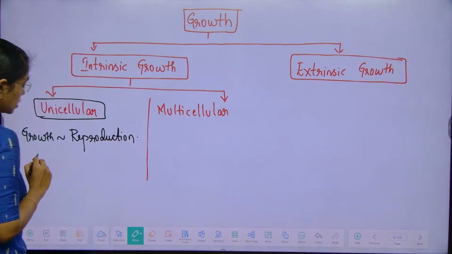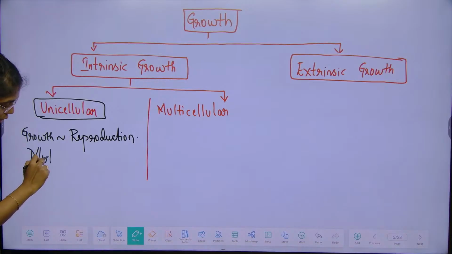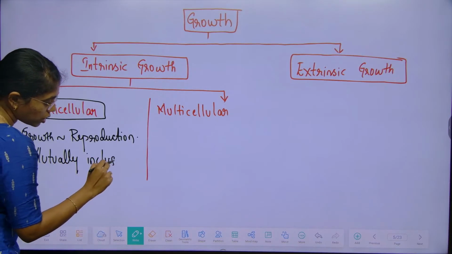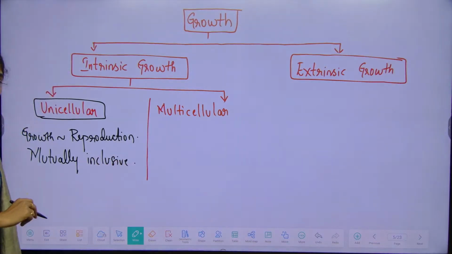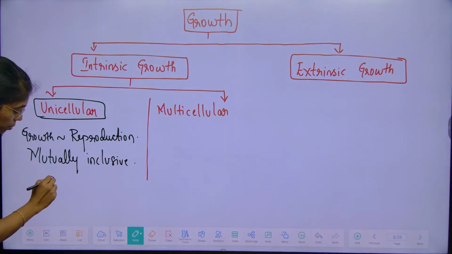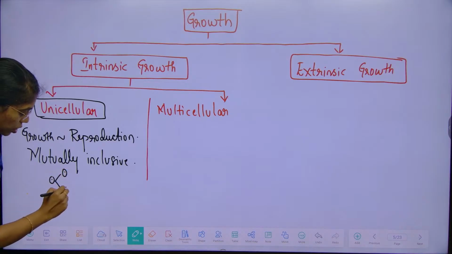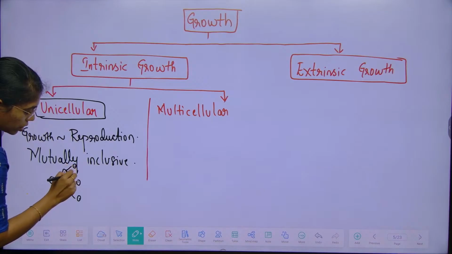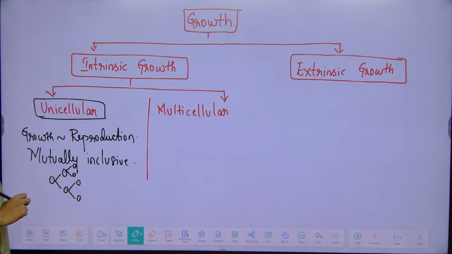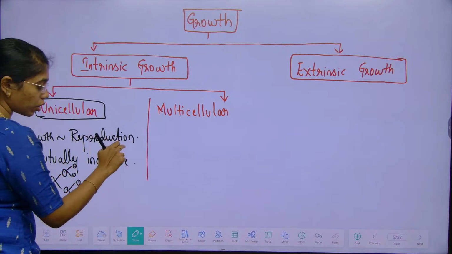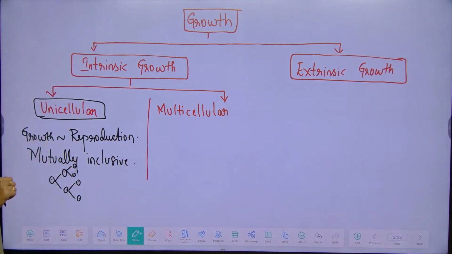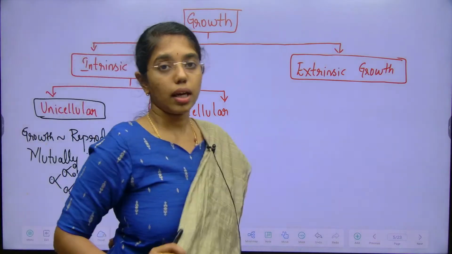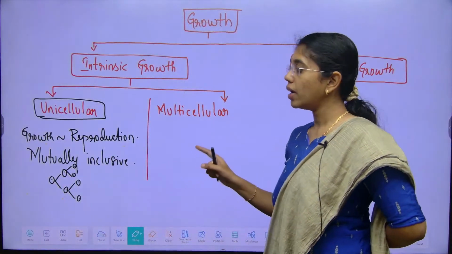What does this mean? Growth is measured as an increase in cell number also, right? Unicellular organisms will just undergo binary fission and increase their cell number. Thereby, they are undergoing reproduction and, parallelly, growth. That is the reason in unicellular organisms, growth and reproduction are mutually inclusive events.